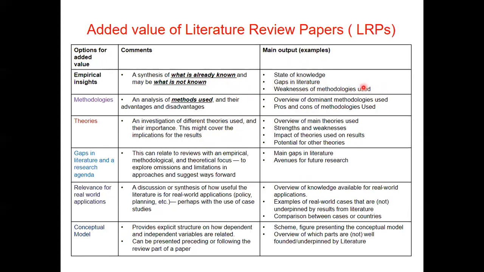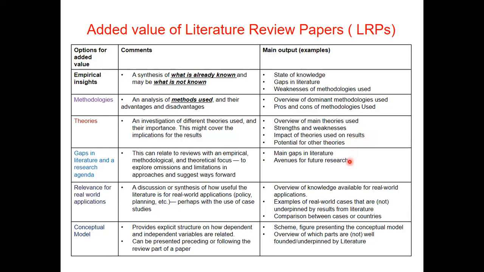In terms of methodologies, an overview of dominant methodologies used, and pros and cons of methodologies used. In terms of theories, you look at an overview of main theories used. These are some main outcomes that you will be reporting in the paper: the impact of theories used on results, potentials for other theories, etc.